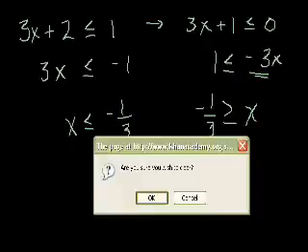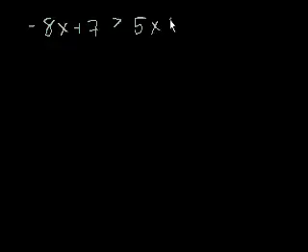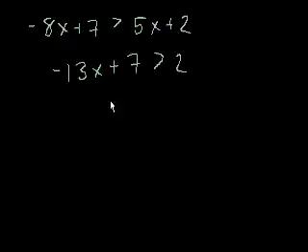Let's erase this. There you go. I'll do a slightly harder one. Let's say negative 8x plus 7 is greater than 5x plus 2. Let's subtract 5x from both sides. Negative 13x plus 7 is greater than 2. Now we can subtract 7 from both sides.